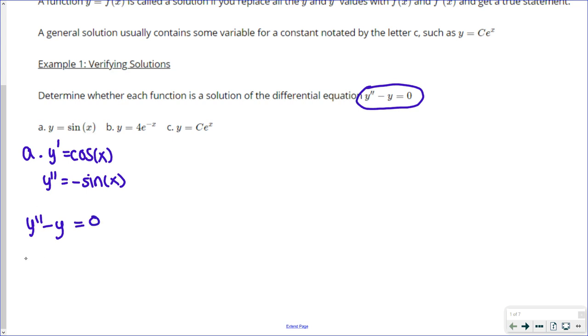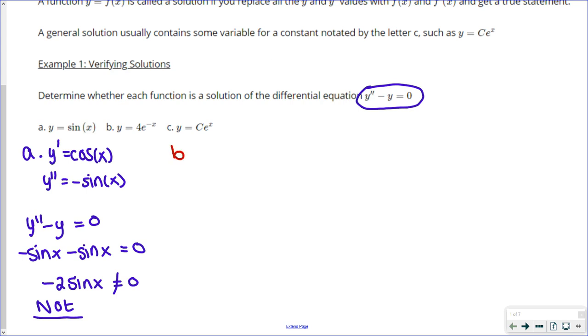So y double prime is negative sine x, minus y, which is sine x, and we're trying to show that this is equal to 0. Negative sine minus sine gives me negative 2 sine x, which is definitely not equal to 0. So for this first one, A, this is not a solution.